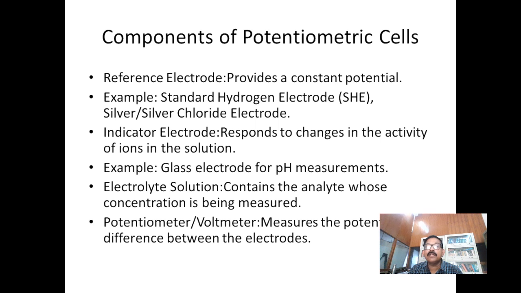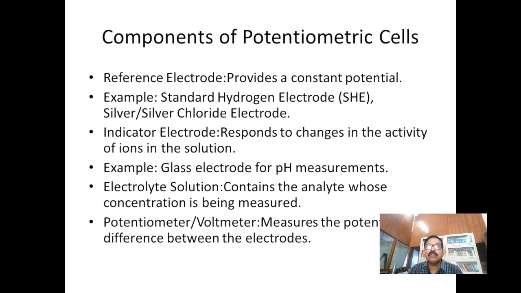Let us see some examples. A glass electrode is used for pH measurements, and the electrolyte solution contains the analyte whose concentration is being measured. The potentiometer, or voltmeter, measures the potential difference between the electrodes, one the reference electrode and the other the indicator electrode.